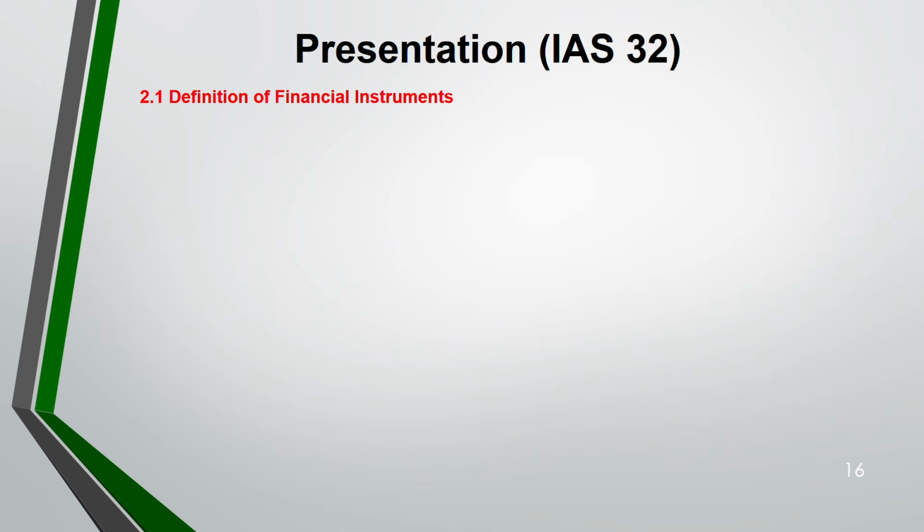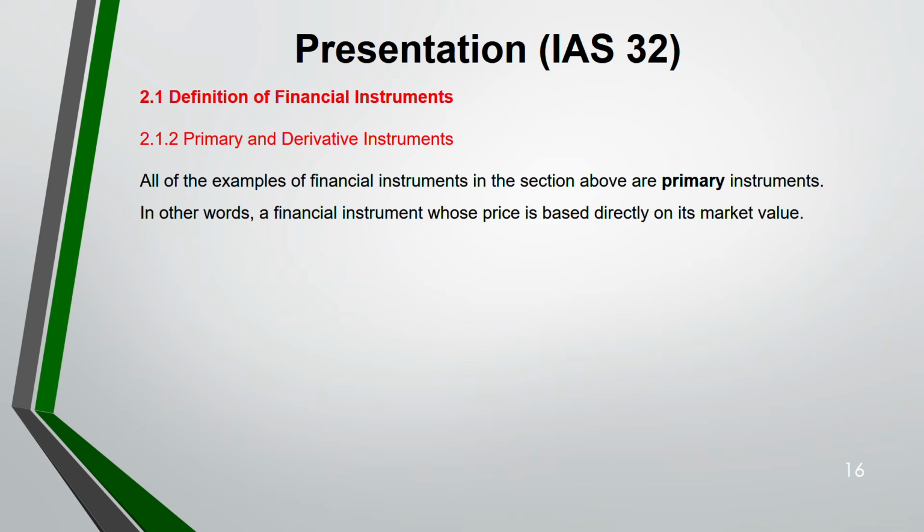That is section 2.2. Now, primary and derivative instruments. As I told you, it's not only trade receivable. There are complex instruments like derivatives, which are one sort of financial instrument. So that also you have to explain. There are two types, primary and derivative. All the examples of the financial instruments in the section above that you have just gone through are primary instruments.